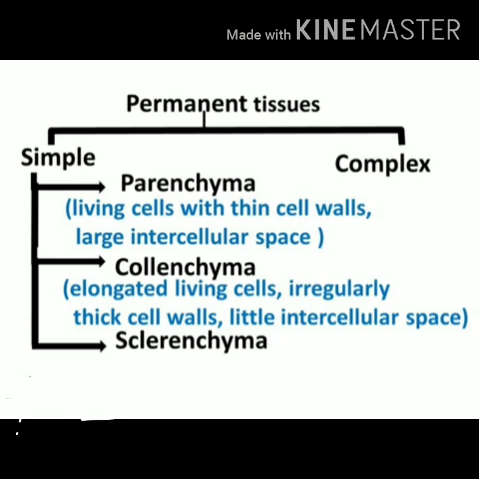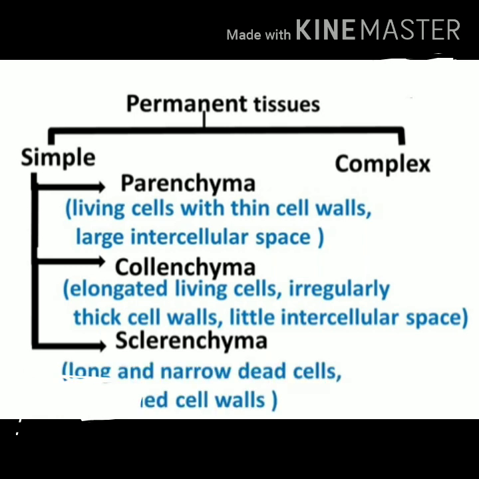They have irregularly thick cell walls and little intercellular space. And the last type is sclerenchyma tissue, which consists of long and narrow dead cells having thickened cell walls.